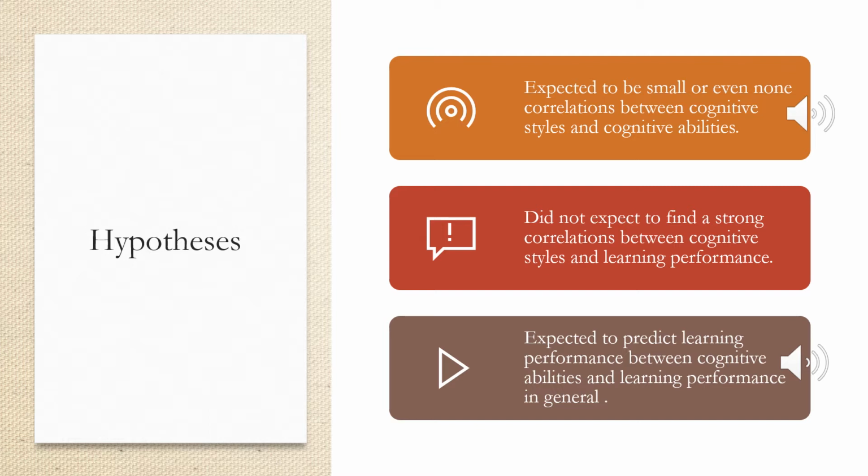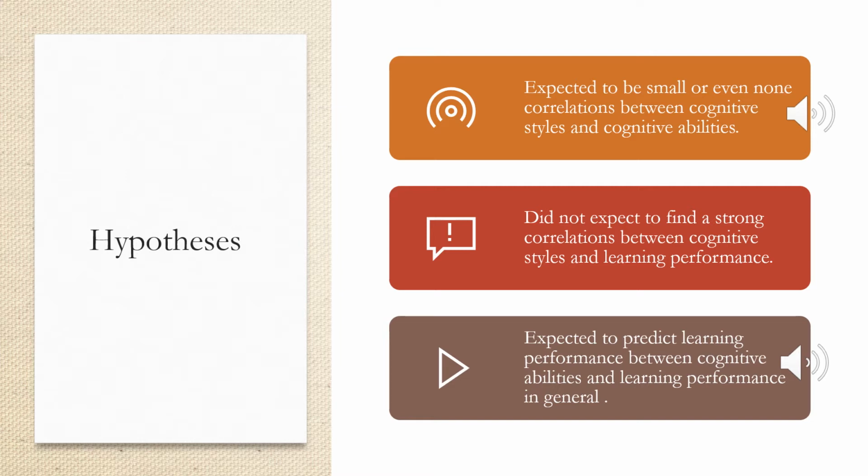The researchers expected to find a small or no relationship between cognitive style and cognitive abilities. They believed that there was no strong evidence to predict learning performance based on a person's cognitive style. For the last question, they expected to predict learning performance based on cognitive abilities in general.